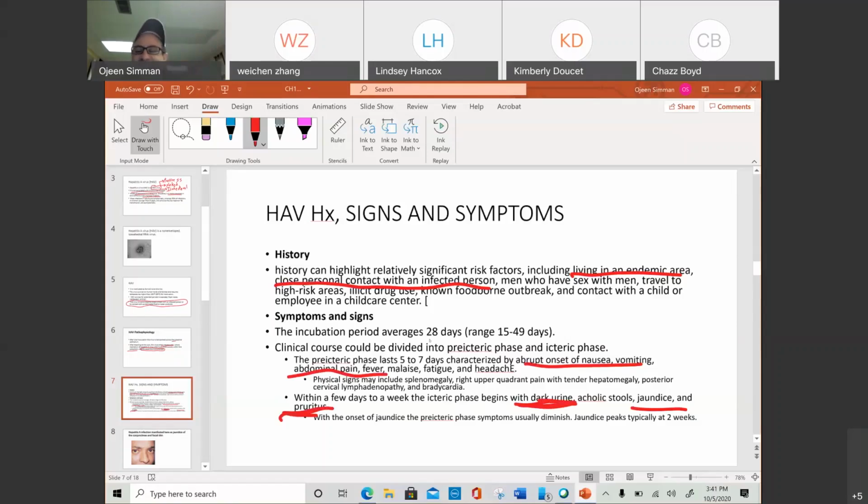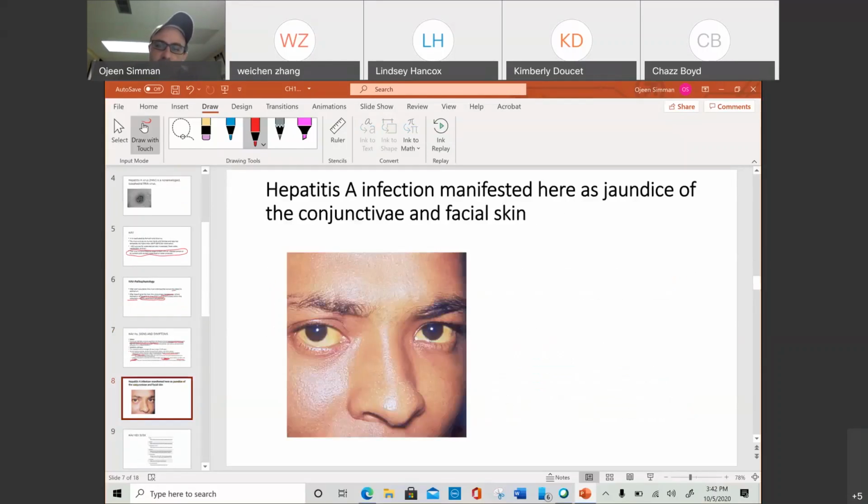Pruritus means itchy skin. This is a patient who has jaundice and has what we call scleral icterus, which means yellowing of the eyes.